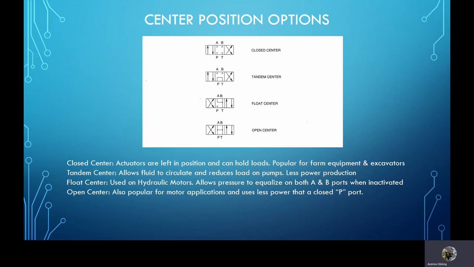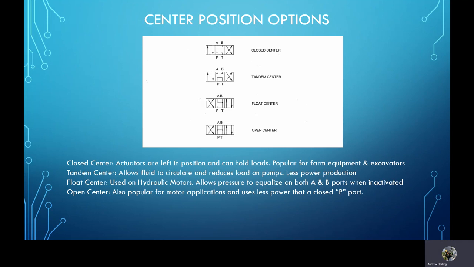Since they're isolated, they will hold pressure, or they will hold the amount of force that's required. This can be used very usefully on farm equipment and excavators, because we're going to use a joystick control back and forth to move your actuators, to move the arms of your excavator, or to lower or raise your farm implements.